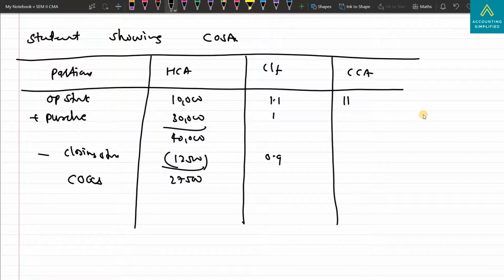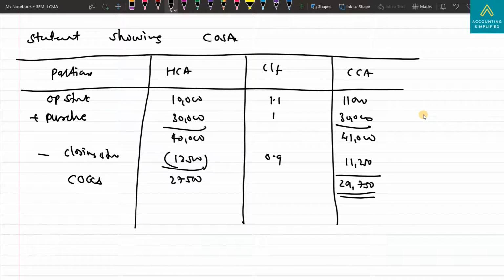Multiply it, 11,000. This is 30,000. Total 41,000. 12,500 into 0.9, it comes 11,250, right? So 29,750.